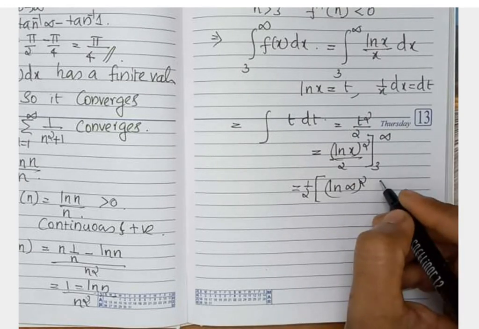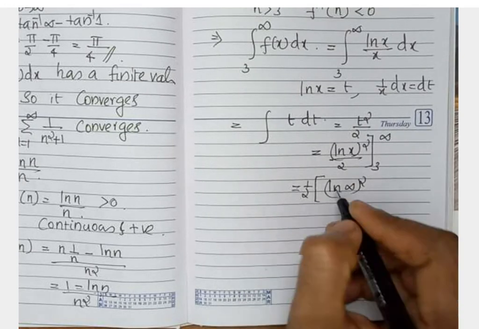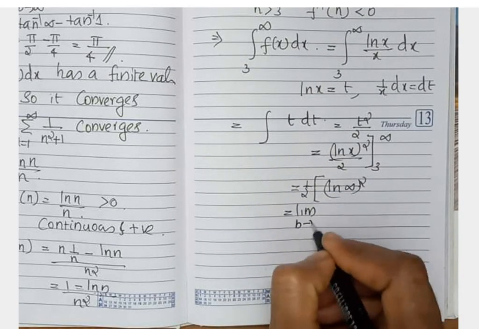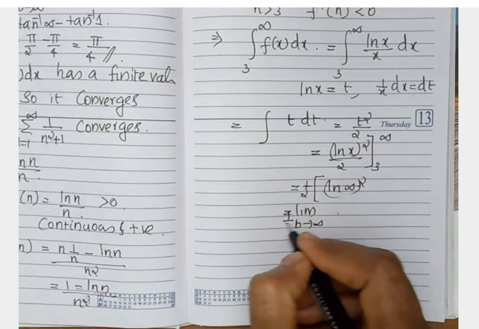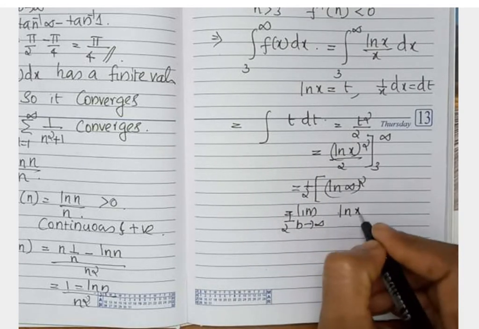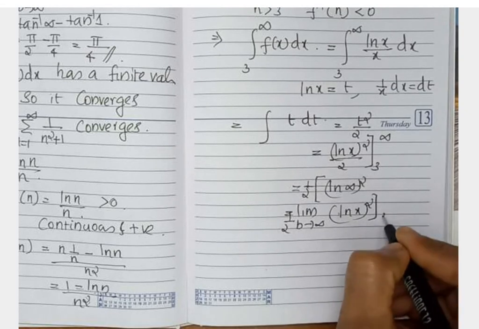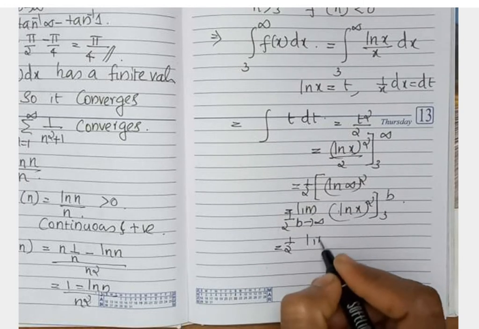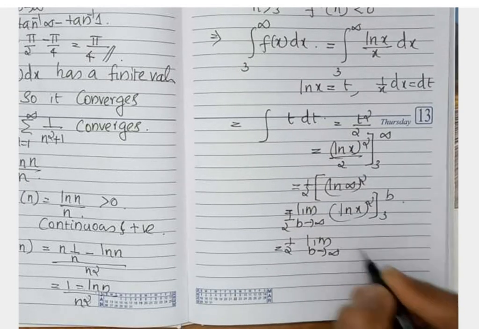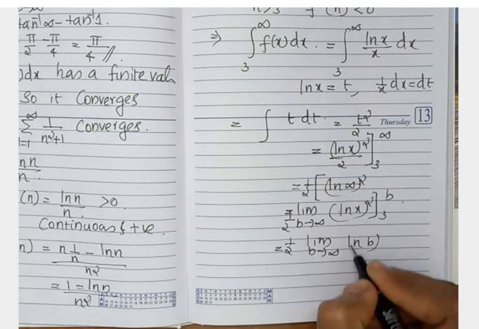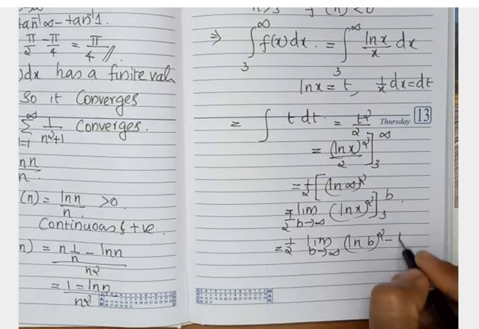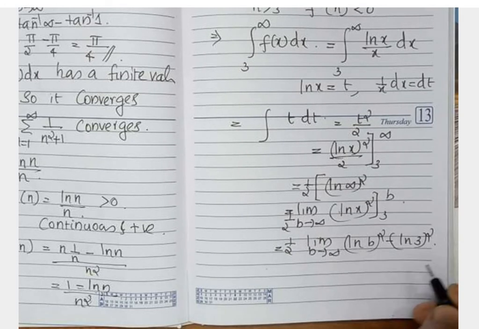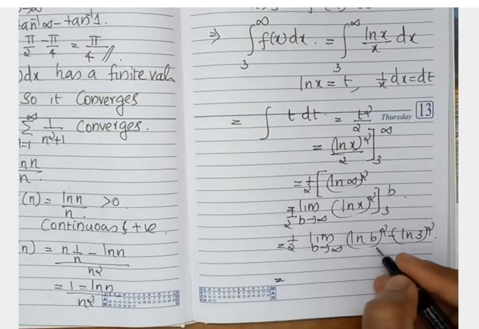This is equal to 1 by 2 into (log x) whole square, that is (log infinity) whole square. That infinity comes from the limit. This is equal to the limit as b tends to infinity, with 1 by 2 taken outside, of (log x) squared from 3 to b. It's equal to 1 by 2 times the limit as b tends to infinity of (log b) squared minus (log 3) squared, which is equal to infinity, since log infinity is infinity.